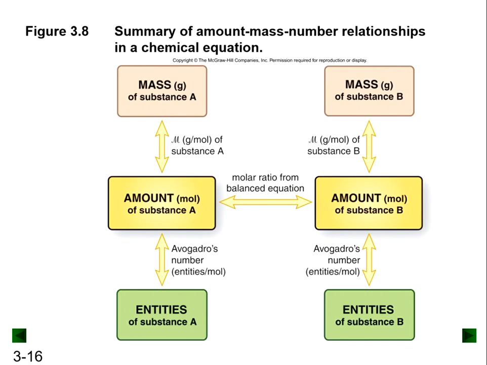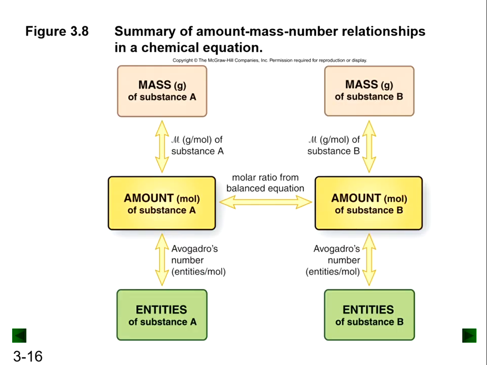Here, this flowchart shows the fundamental relationships within the reactions. So on the left-hand side, that left column of mass, amount, and entities relates to our reactants. The most important piece is the center piece, the yellow boxes. The amount of reactants, through the arrow, would relate to the amount of products.